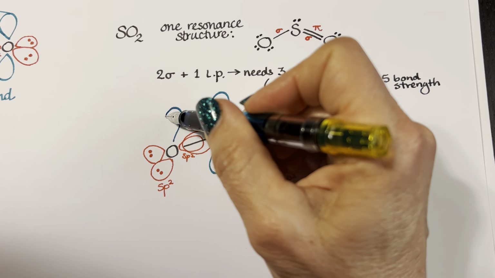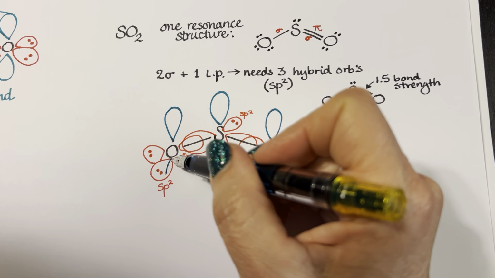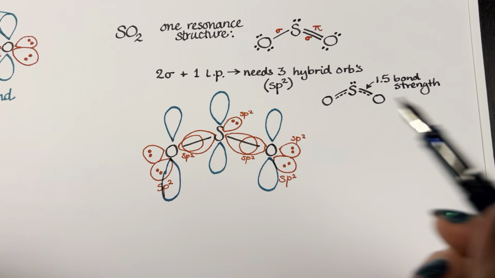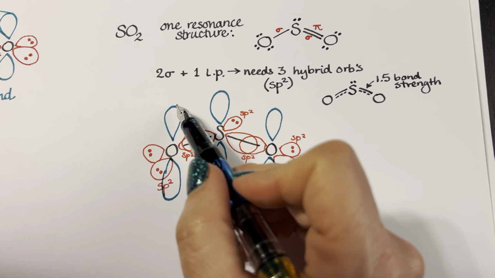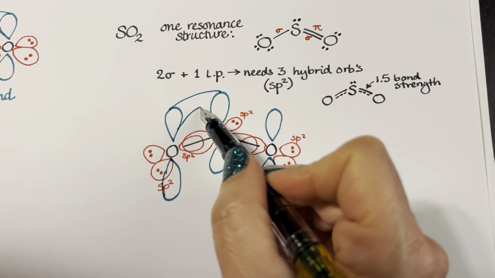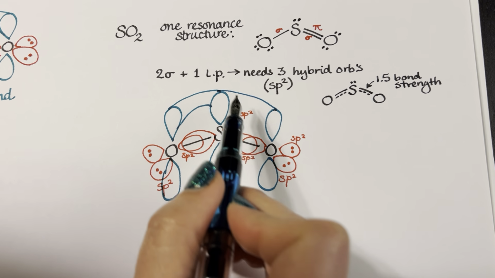These two oxygens on both sides are identical, and they each end up overlapping with the p orbital on the sulfur.